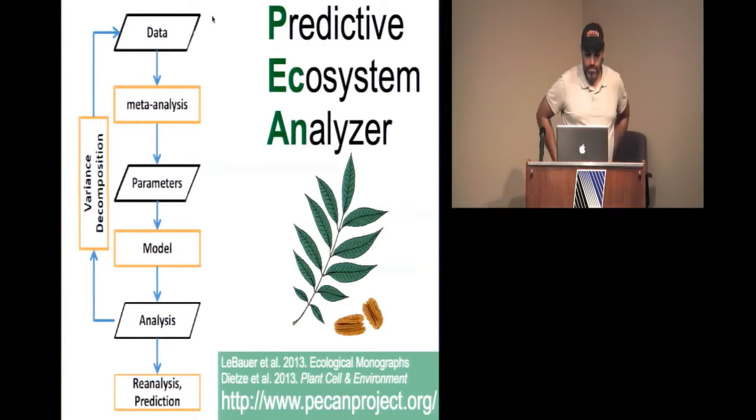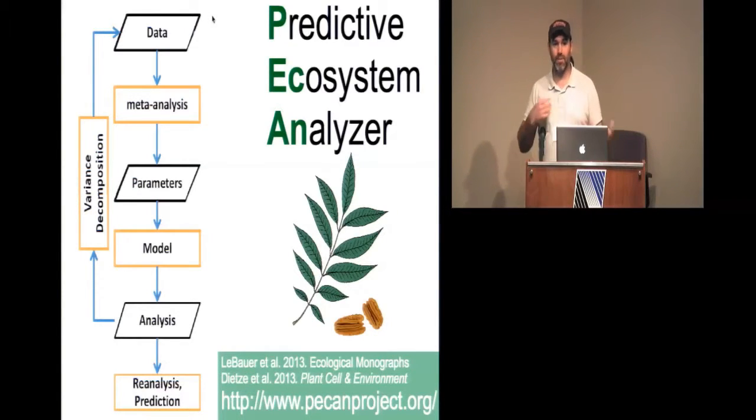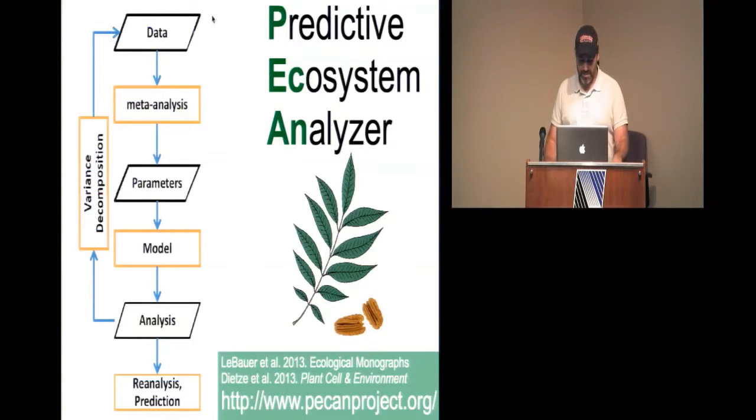So PEcAn was born, as Ken alluded to, as basically a workflow system to wrap around ecosystem models, to manage the flows of information in and out of the models, to automate analyses, and to make these tools more accessible to mainstream ecologists rather than just a subset of us who build these models.